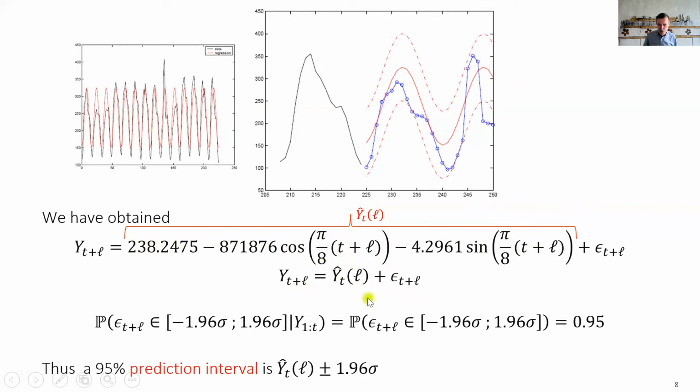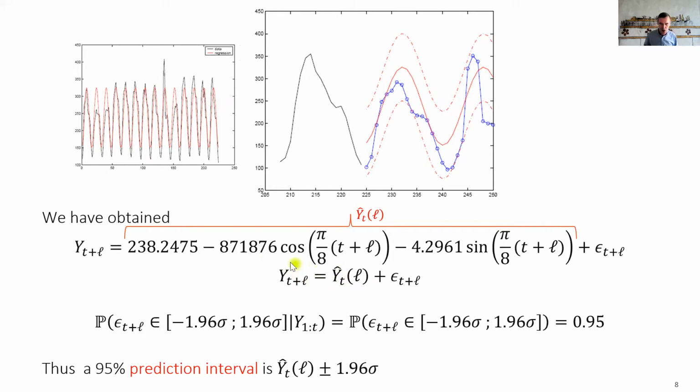In general, the prediction might be random, but it's not random given that we have observed everything up to time t. That's by nature. The prediction I'm making at time t depends on everything I have observed. Given that I have observed those things, they are not random. The conditional distribution of this is saying this is a constant thing. So this is another way of writing this formula here.